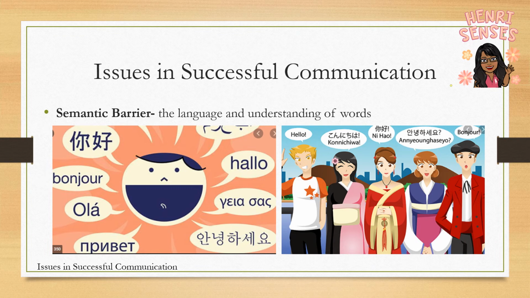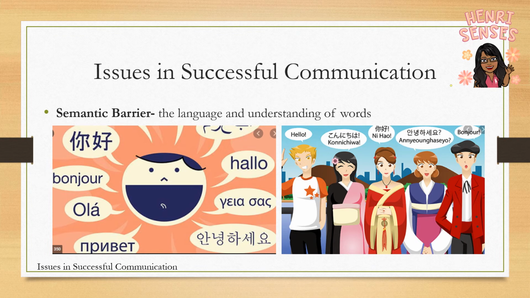Okay, what is next is semantic barrier. Semantic has something to do with the understanding of words. Semantic barriers in communication refer to the symbolic obstacles that distort or hamper our understanding or sending of a message.